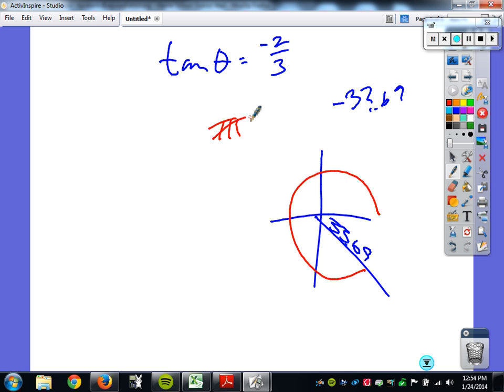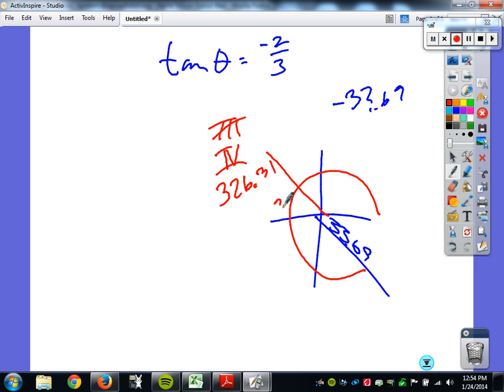We should get something in quadrant 4. Quadrant 4, you should get 326.31, right? Okay. And notice, what other quadrant should tangent be negative in? Where is tangent negative? 2. So I should have an angle up here.